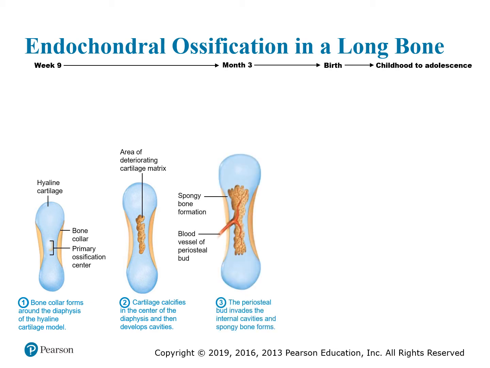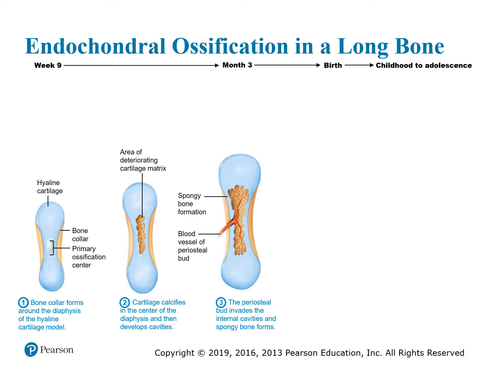In the third step, you have what's called a periosteal bud, an invasion of the periosteum, which is the fibrous outer membrane of a bone. This will invade this internal cavity, and you'll start to see spongy bone forming. This is basically how the interior of a bone gets vascularized, because you see the blood vessel of the periosteal bud enters the bone.